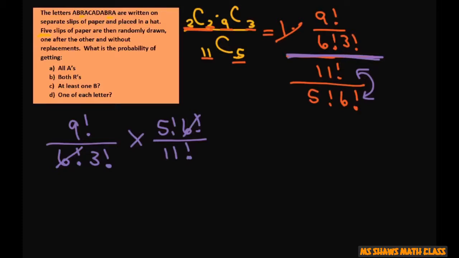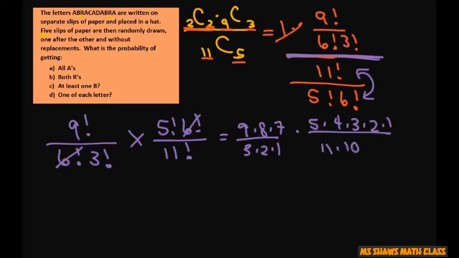You're going to get 9 times 8 times 7 divided by 3 times 2 times 1. And the second part, you're going to get 5 times 4 times 3 times 2 times 1 divided by 11 times 10 times 9 times 8 times 7. And this is going to equal 2 divided by 11.